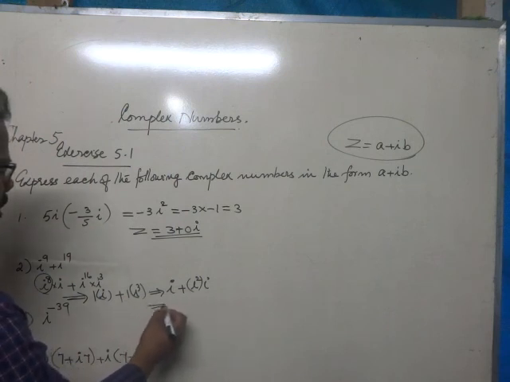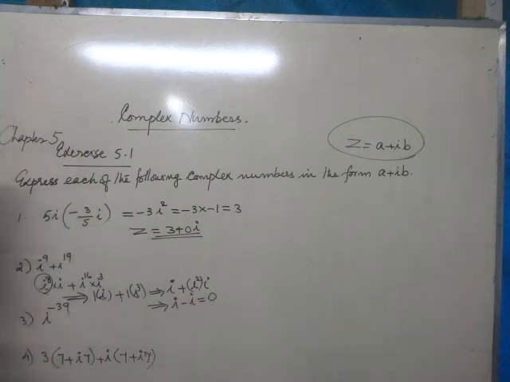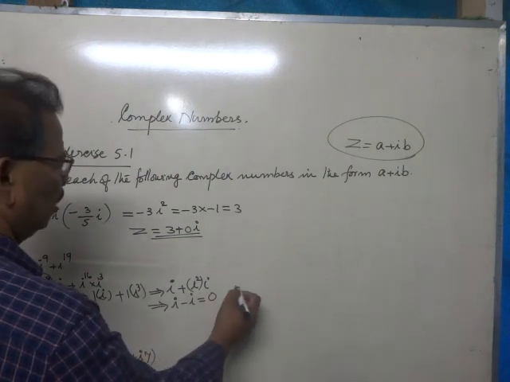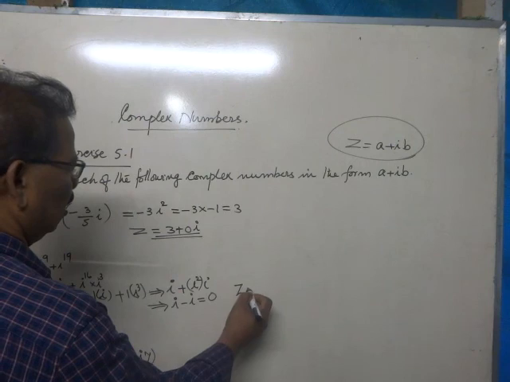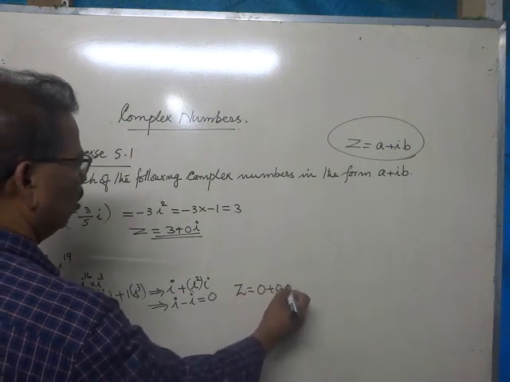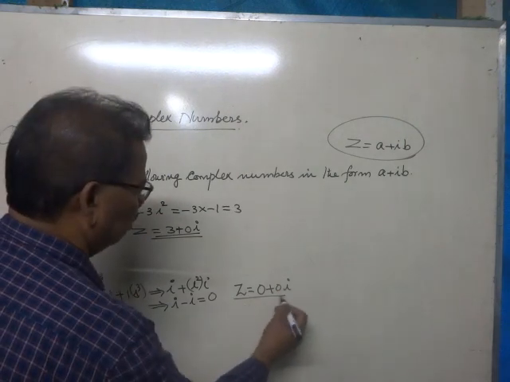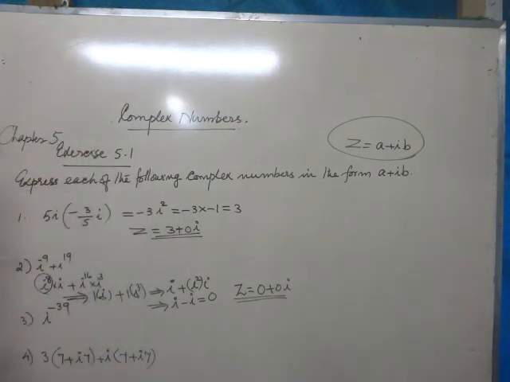Therefore, the answer is i minus i, 0. How can we represent it? In this case, Z is equal to 0 plus 0i in the a plus ib form. Answer is 0 plus 0i.